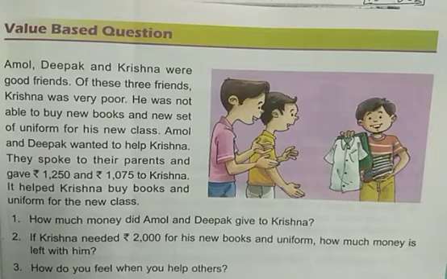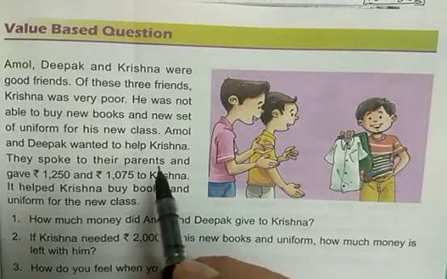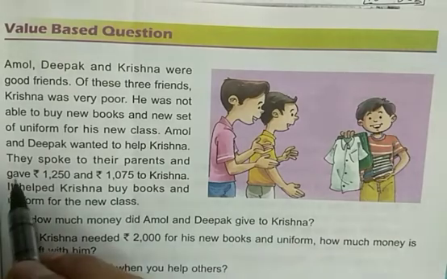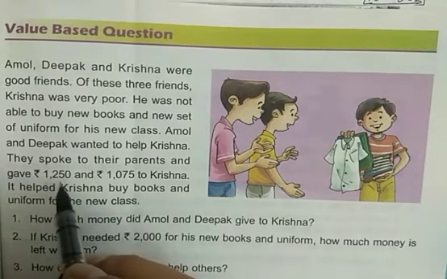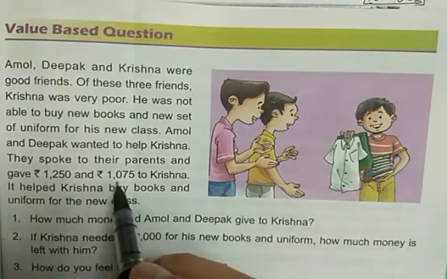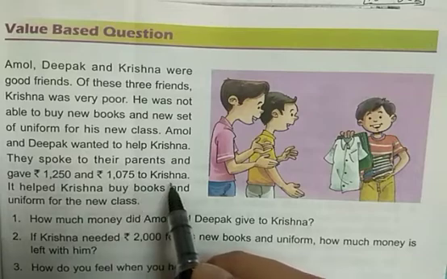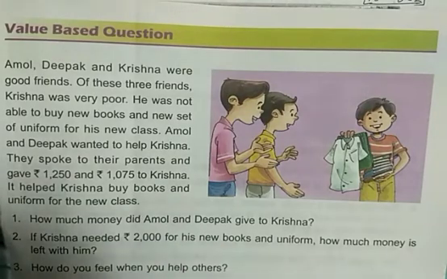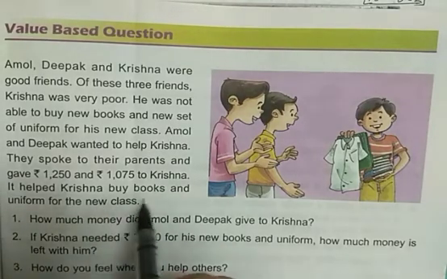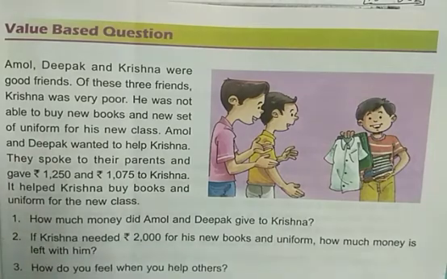He was not able to buy new books and new sets of uniform for his new class. Amol and Deepak wanted to help Krishna. They spoke to their parents and gave rupees 1,250 and rupees 1,075 to Krishna. It helped Krishna buy books and uniform for his new class.